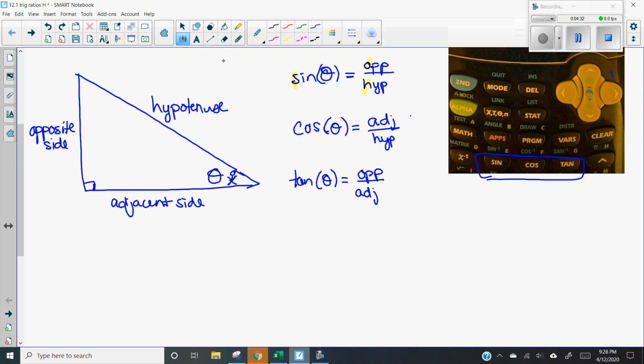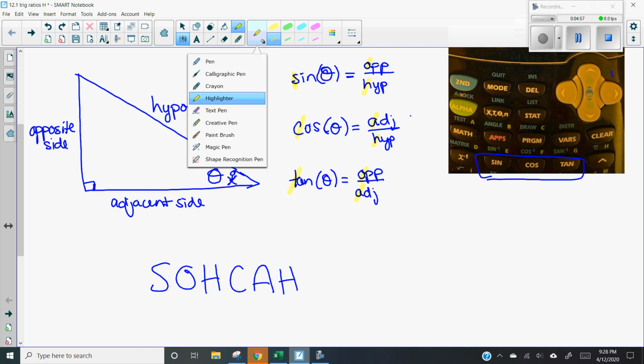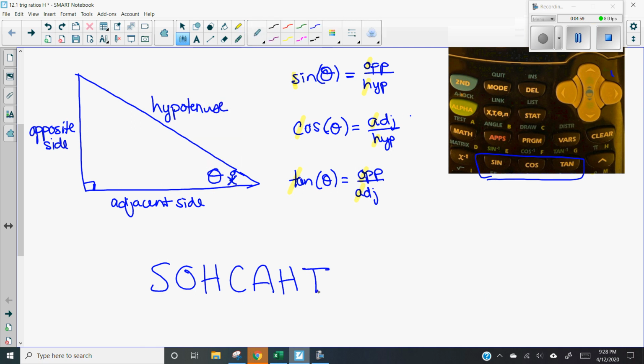And what I have is S, O, H. I'm going to write it out like that. Same thing with cosine. Take the C and then the first letter from each of those ratios. So I'm looking at CAH right after that. I'm going to make this all one big word. And then from tangent, take the T, the O, and the A.